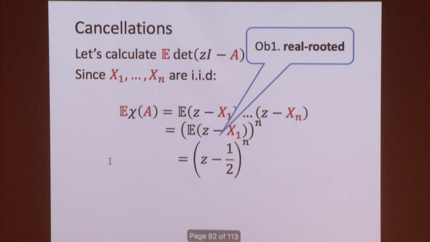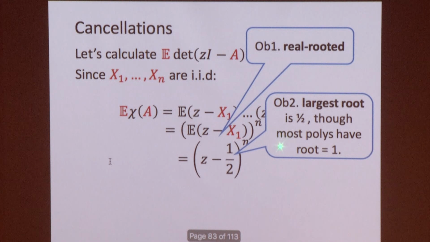So one is that this is real rooted. There's no reason to expect a priori that when you add a bunch of polynomials that have real roots, you'll get something that has real roots. But in this case, it is. And the second thing is that the largest root of this expected polynomial is a half, even though almost all the polynomials that I averaged had a root that was equal to 1.